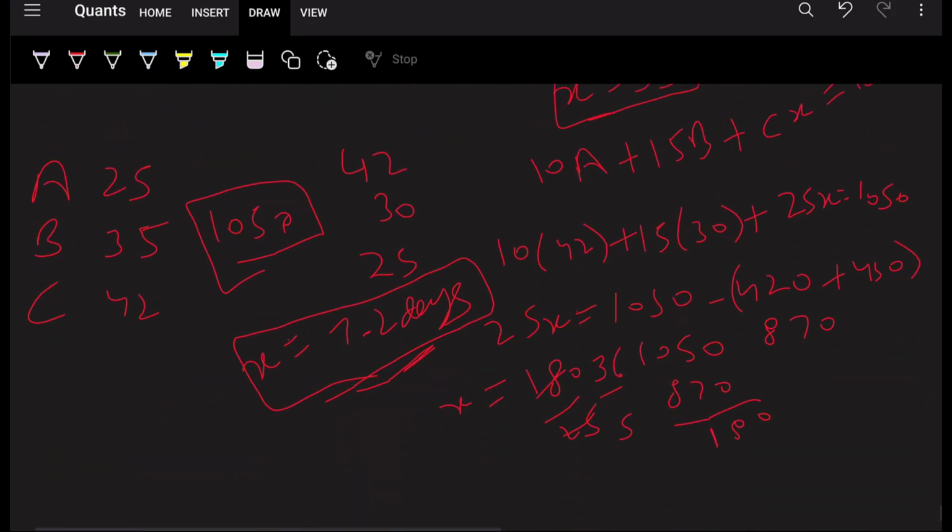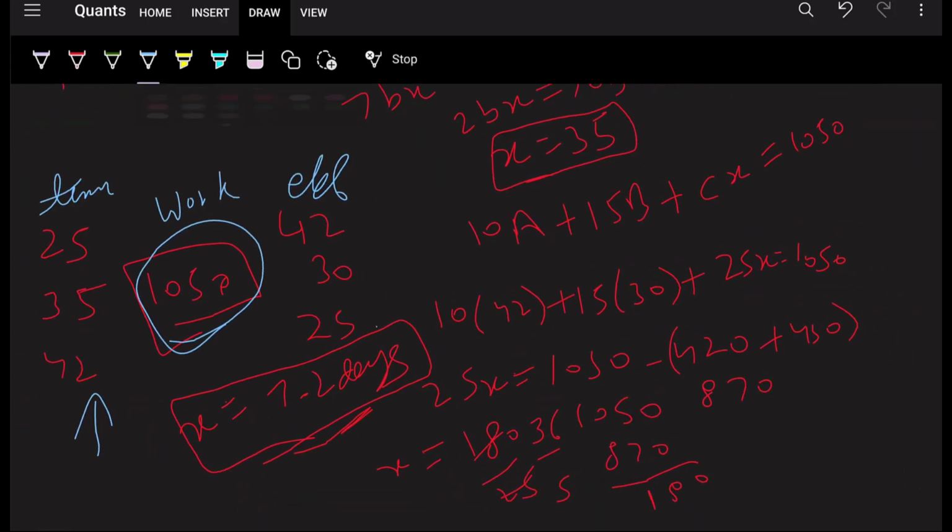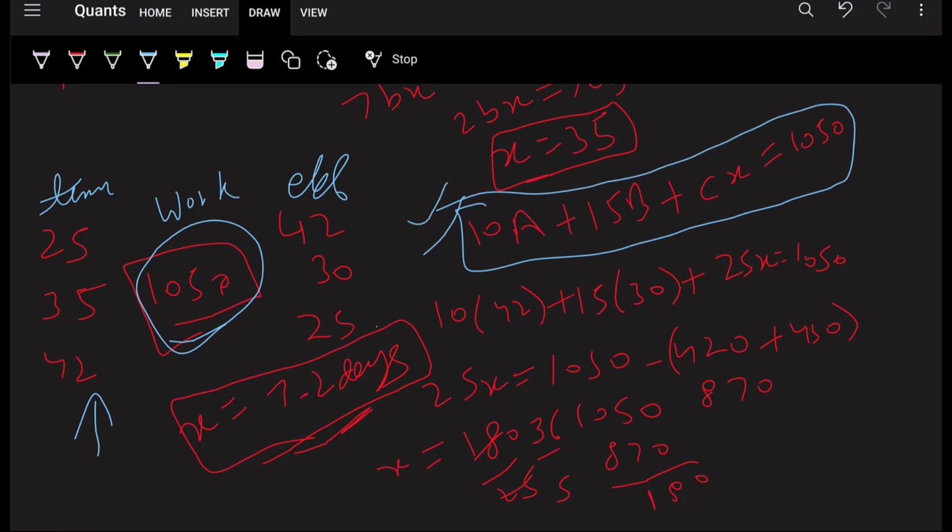So we will now complete the table. The LCM will come as 1050, and now I calculated the efficiency also. So according to the question, I have written this equation: 10a plus 15b plus xc equals 1050.